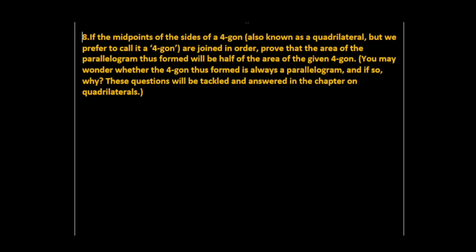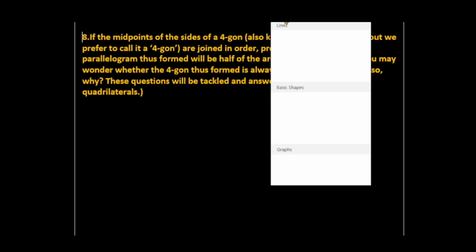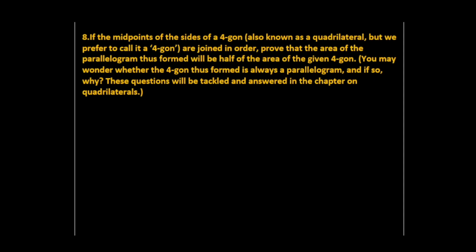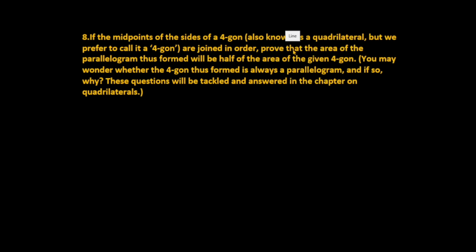Now, take a quadrilateral. So here simply a four-sided figure is given. We are not going to take a parallelogram or rectangle, anything. Just we are going to take a quadrilateral. We know very well a quadrilateral is nothing but a four-sided polygon.